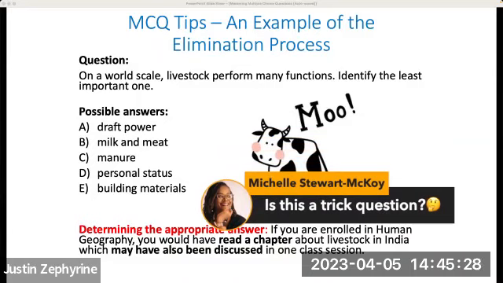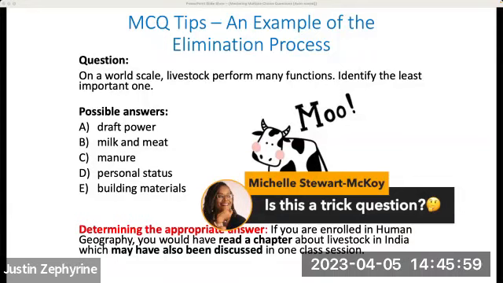So personal status would not be one for me. Then I look at the information that you put at the bottom, and so the only thing I could ask is, is this a trick question? It forces you to think, but what is it? Are we located in India? Are we making references to India? Are we talking about cattle per se? Or are we talking about livestock?